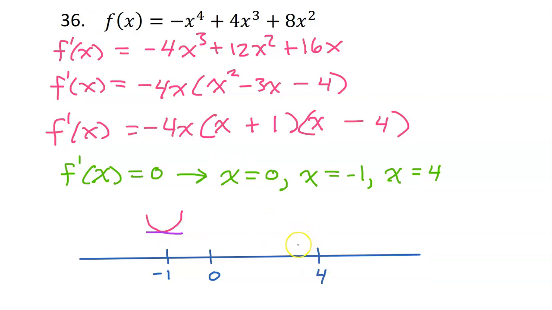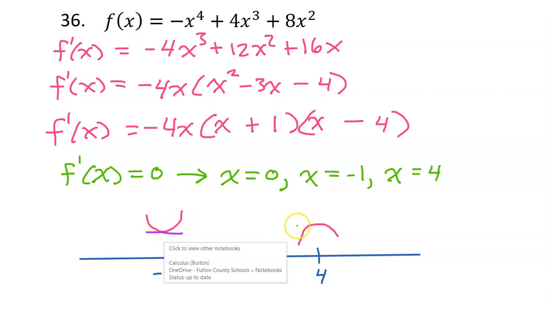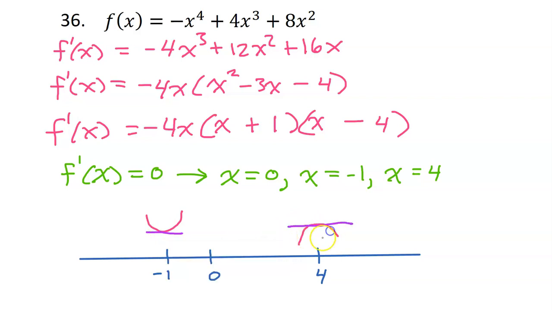Concavity. What if we knew the concavity at each of these points? If we knew that at negative 1 the function is concave up, then we would know that the horizontal tangent line is on the bottom. It's a min. If we knew that the function was concave down at 4, for example, then that would mean the horizontal tangent line is at the top. This would be a max.